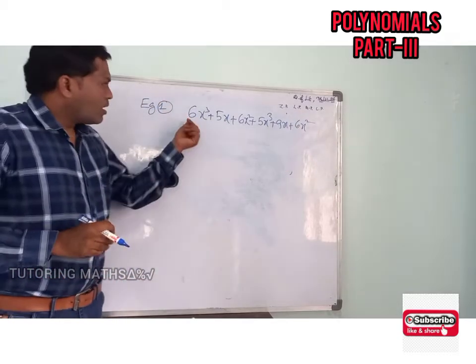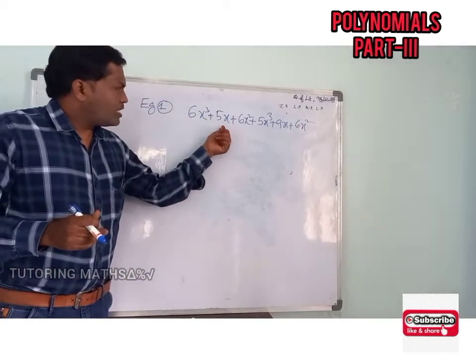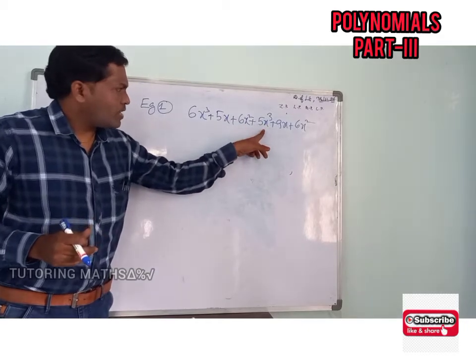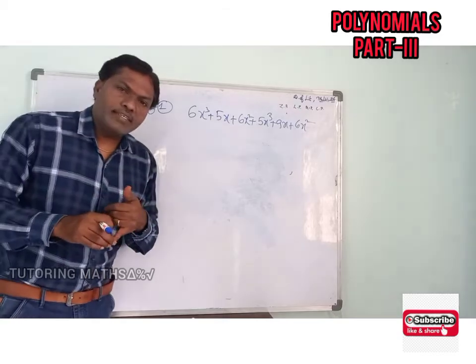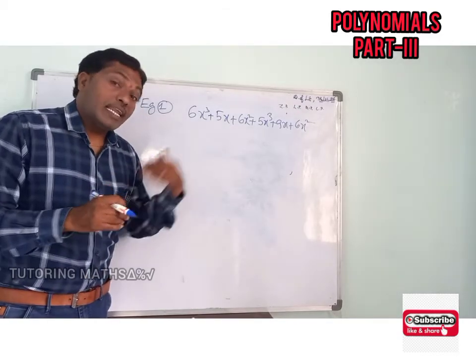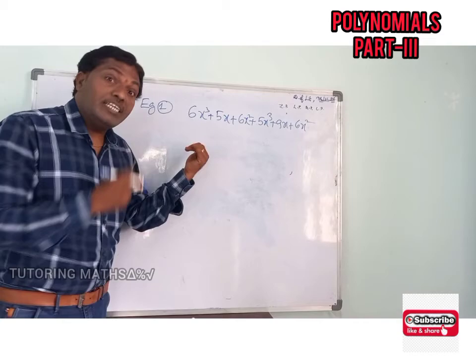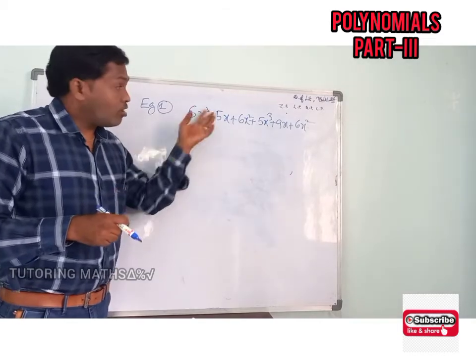I have taken 6x cube plus 5x plus 6x square plus 5x cube plus 9x plus 6x square. How do you identify the like terms of a polynomial or multinomial?